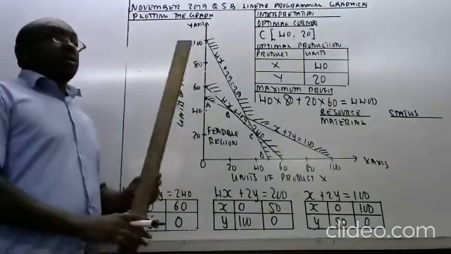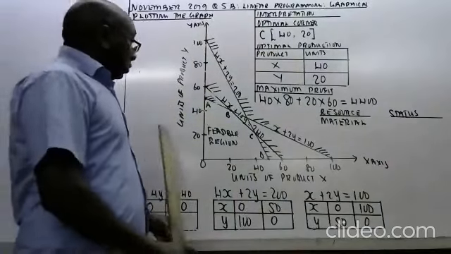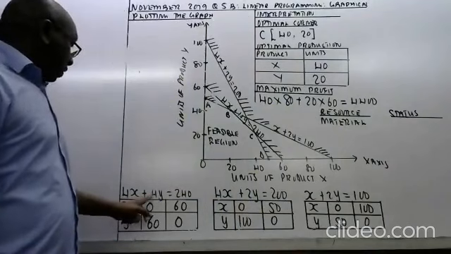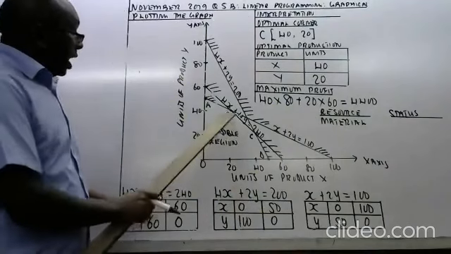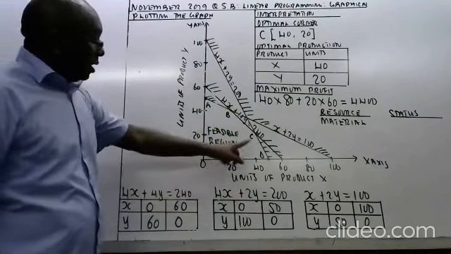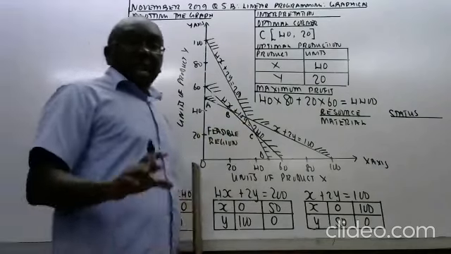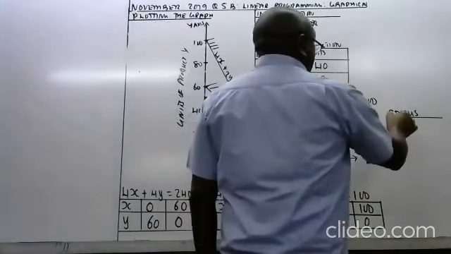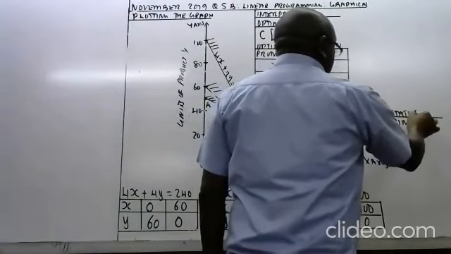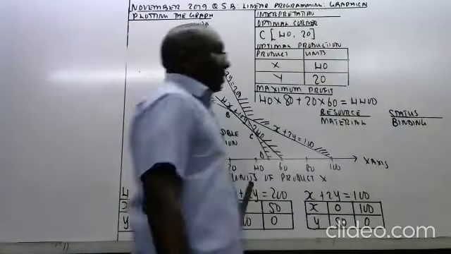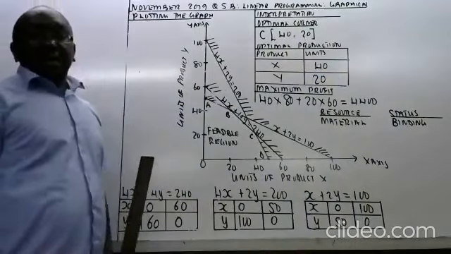Now material is represented by 4x plus 4y. You can see it has touched the optimal corner. So if it has touched the optimal corner, that resource is binding.